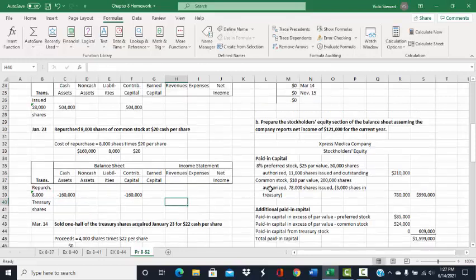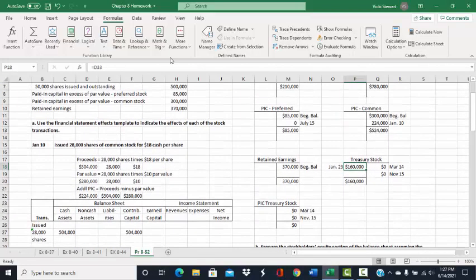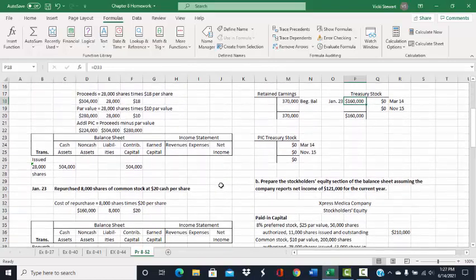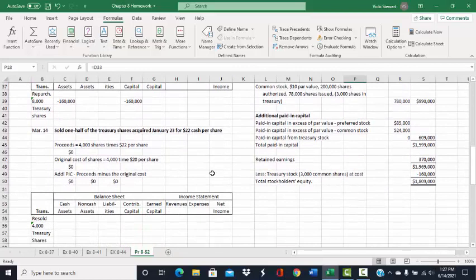When we look at our T accounts, we see that we now have a balance in treasury stock. We did not have any treasury stock at the beginning, and that balance is $160,000.